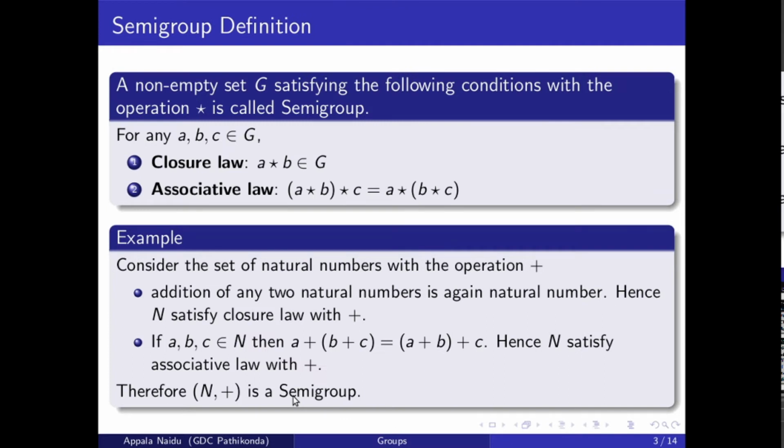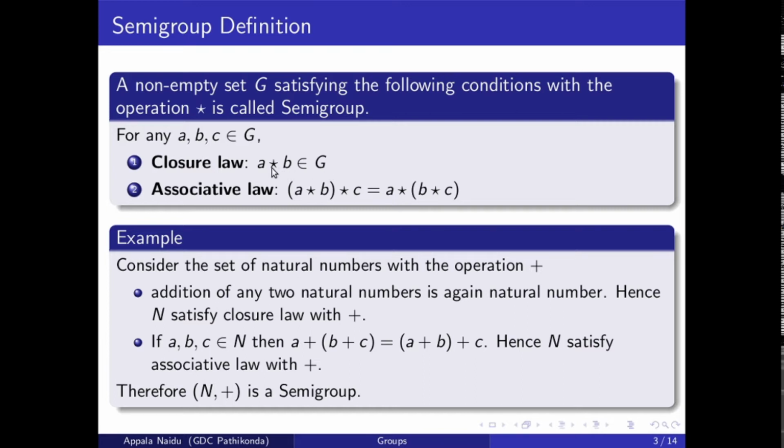Now let us see the definition of semigroup. A non-empty set G satisfying these two conditions is called a semigroup. The first condition is, for any a, b in G, a star b has to be in G. This is called the closure law. This is like a binary operation only.